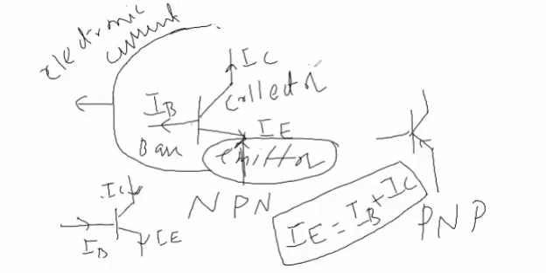We have discussed that there is an input voltage. So this is a transistor, for example.